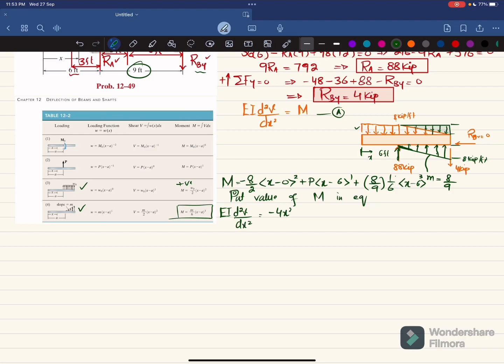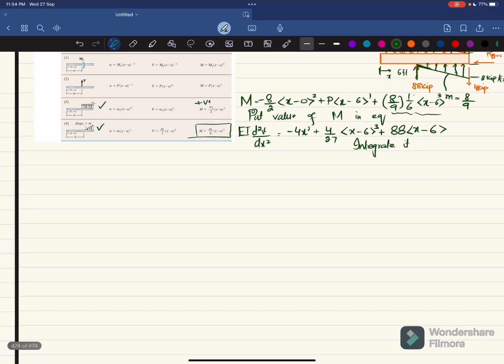And this term 8 by 9 into 1 over 6 will be equal to plus 4 over 27 into x minus 6 power 3, and this term will be equal to plus P. So P here is 88. Okay, this is 88. So 88 into x minus 6.